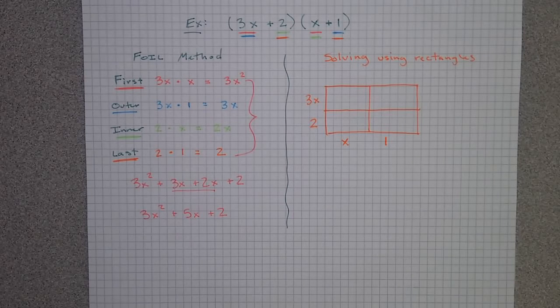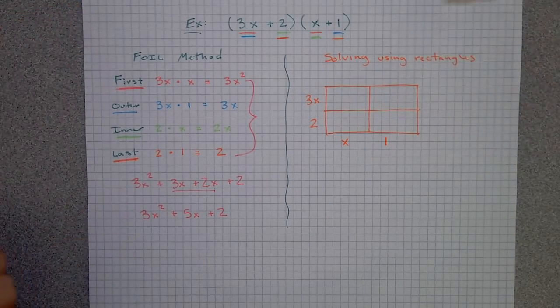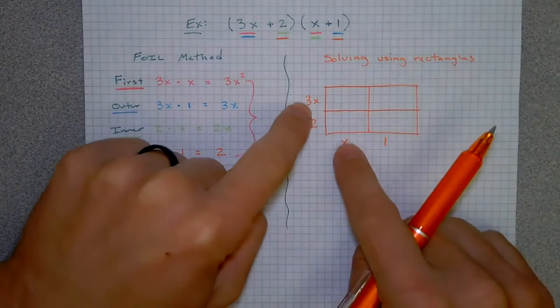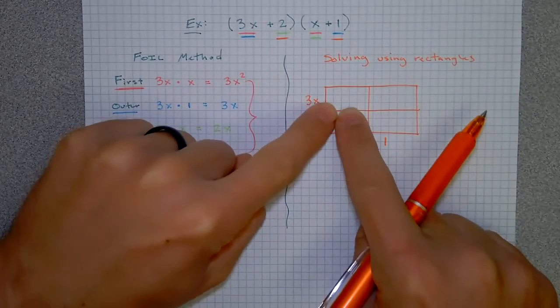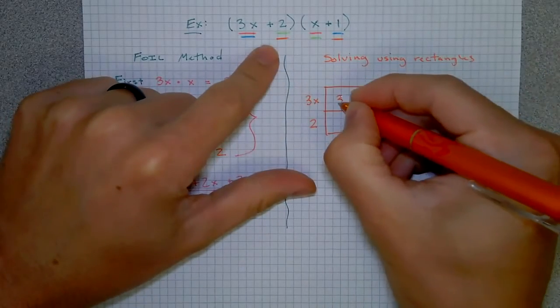So if you've taken biology, okay, very similar to what I believe is traits, making a trait thing here. Okay, but to make up this square, we need to combine 3x and x. So 3x and x, multiply them together, go in this square right here.